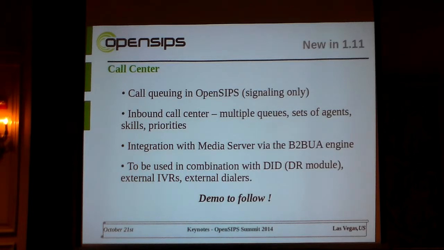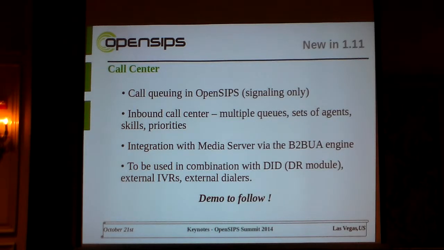So in the end we said, actually the whole queuing thing is more or less a signaling problem. So you have to do it at the signaling level. So why not do it directly in OpenSIPS? Using the back-to-back engine that we have in OpenSIPS, we have a call queuing system, for monitoring agents, distributing calls between agents, queuing calls, and so on, directly in OpenSIPS.